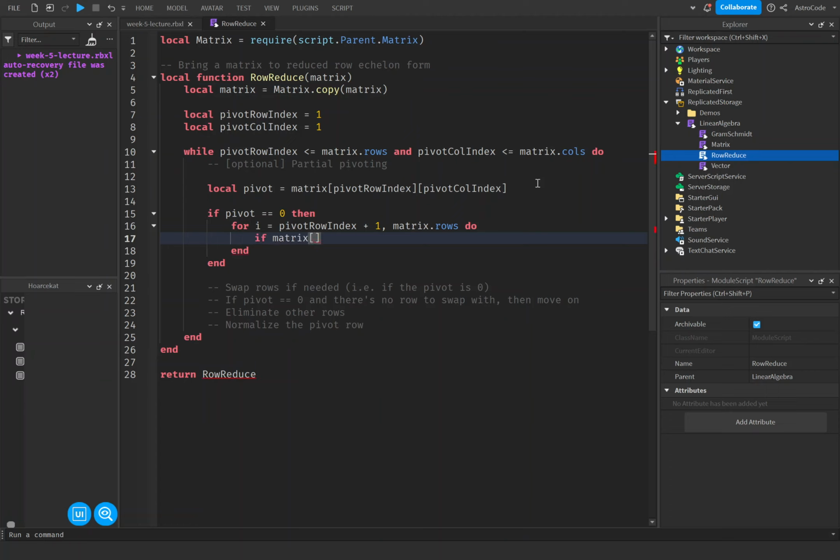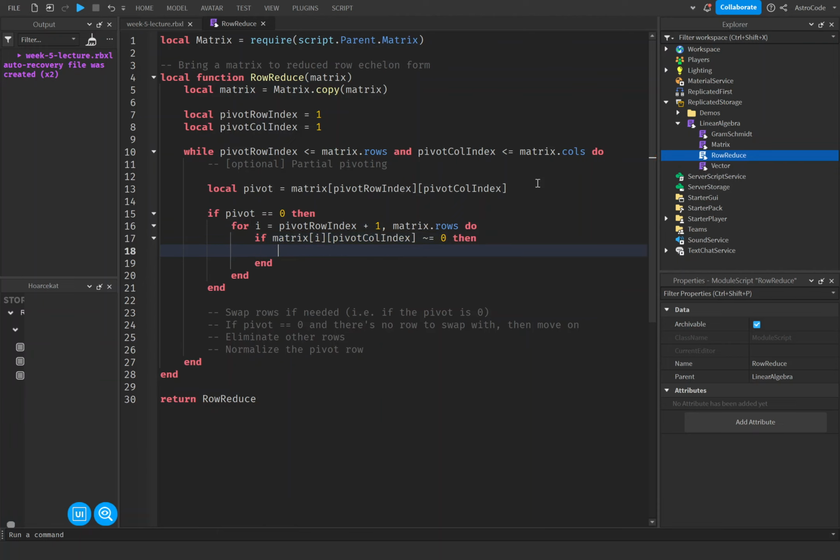So if the ith row and the pivot column index is non-zero, then we can do this swapping. This means we found a row to swap with.